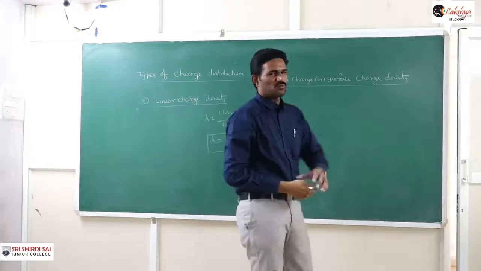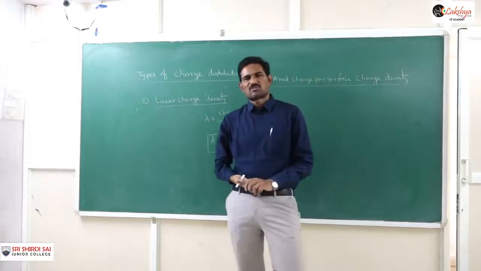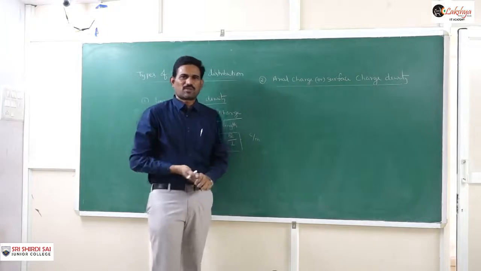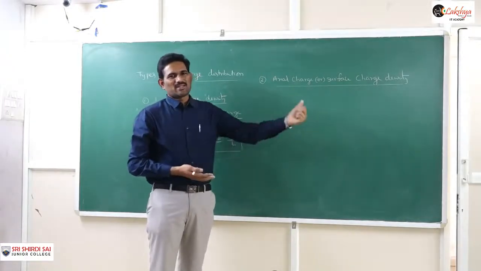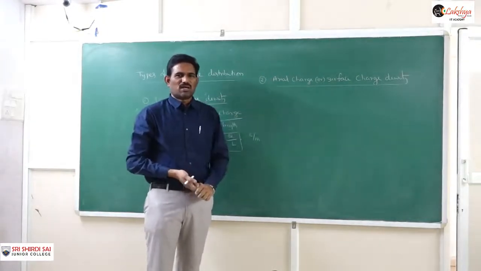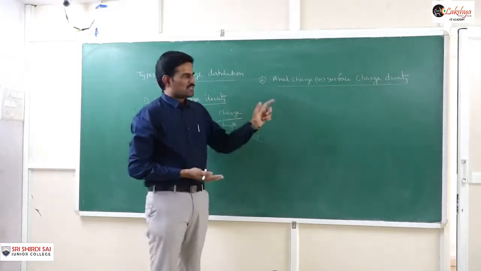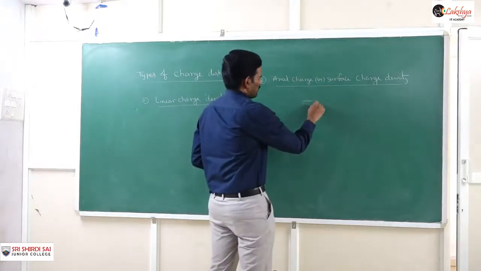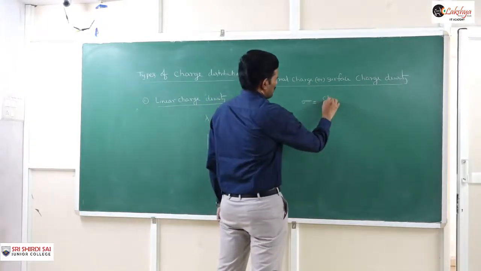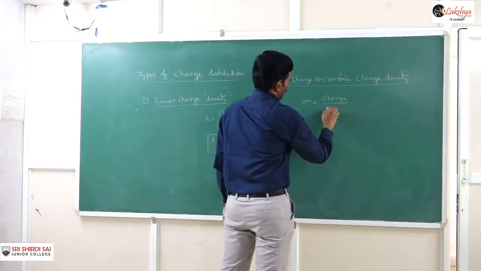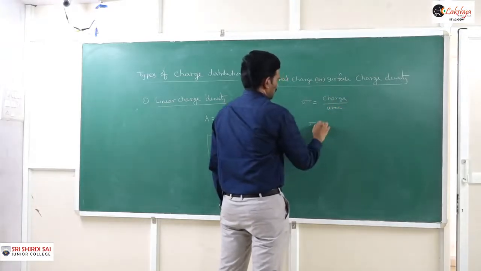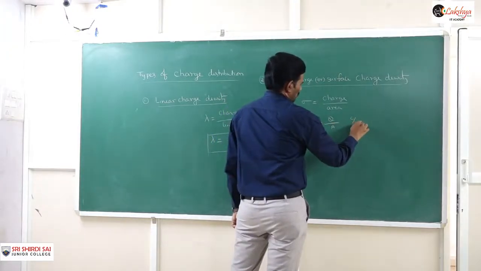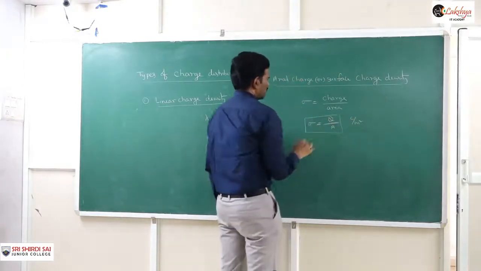That means when the charge is distributed on a plane surface, like a disc, or on a metal plate like a square or rectangular plate, then such a distribution is called areal or surface charge distribution. Correspondingly we define the density, which we call surface charge density. It is defined as charge per unit area, and therefore you can write this as Q by A. The unit is coulomb per meter square.